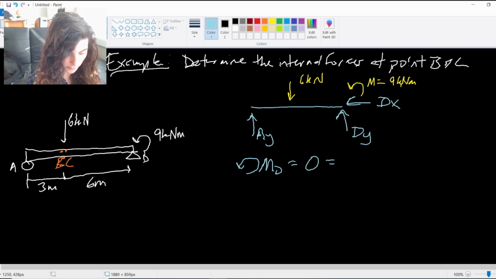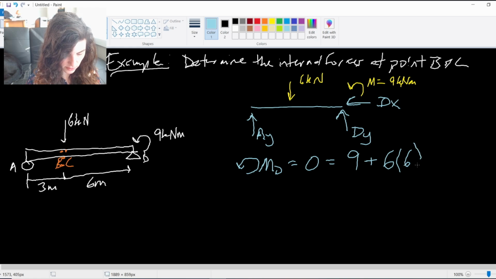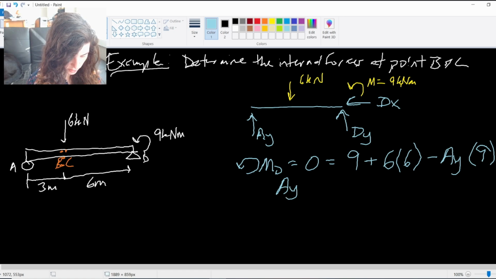My applied moment is included in this equation, so I'll get a positive 9 plus 6 kilonewtons times 6 meters away, minus Ay times its distance away from D, which is 9 meters. Punch that into my calculator, and I get that Ay is 5 kilonewtons.